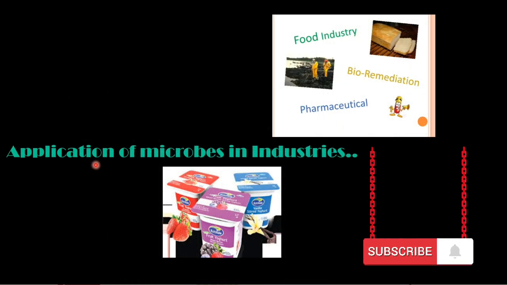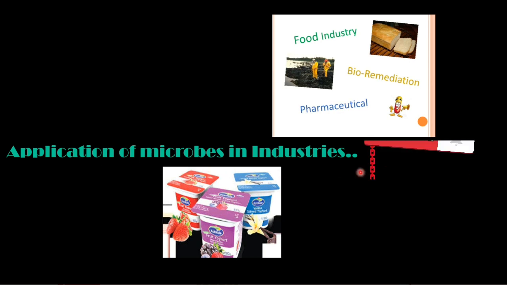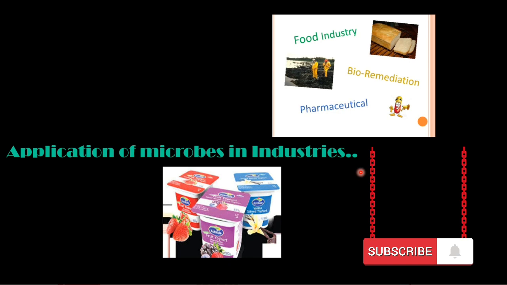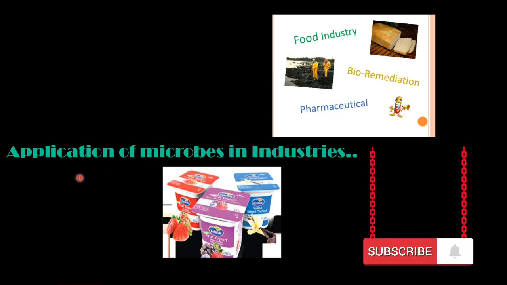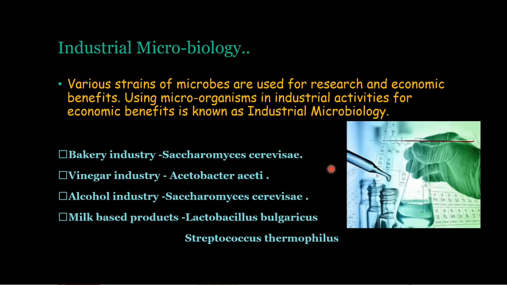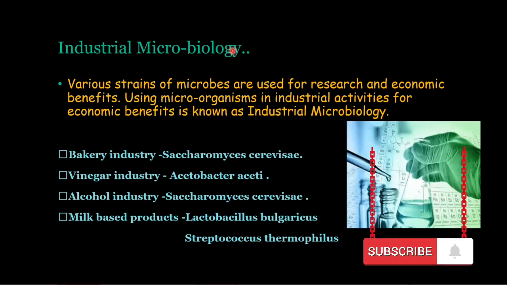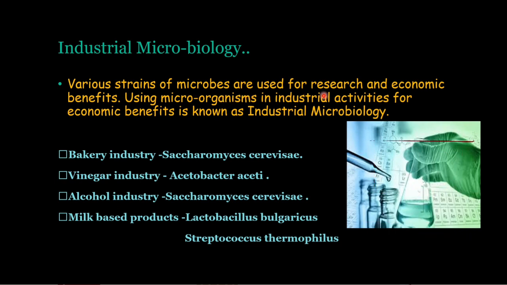So the third main point in our lesson is application of microbes in industries. We discussed application of microbes in agriculture. Second one, applications of microbes in the medical field. And now we are talking about application of microbes in industries. Industrial microbiology. What is meant by this? Various strains of microbes are used for research and economic benefits.